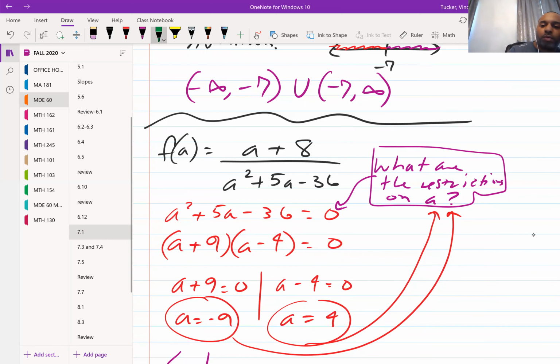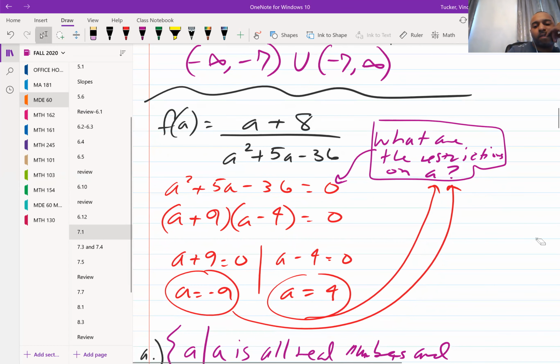And so in the purple, what you were saying is you want to figure out what are the restrictions on a. What values can you not use? All right. Questions on that before we go to writing out our domain?